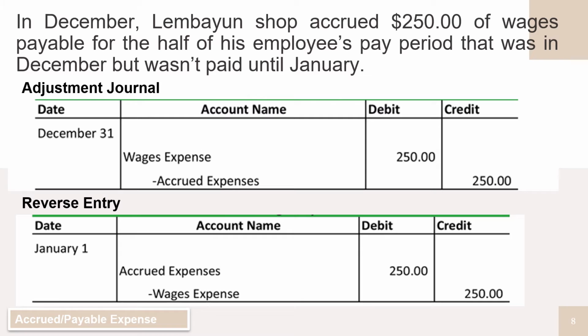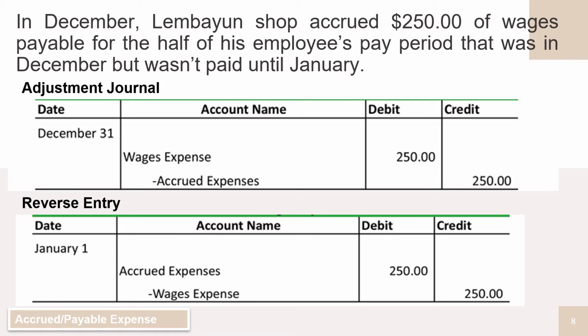After the adjustment journal and the financial report, in the first day of the next period, January 1st, we have to do reverse entry. And the reverse entry is just simple. Reverse entry is actually reversing the adjustment journal. You don't need any new account or number, just reverse it.